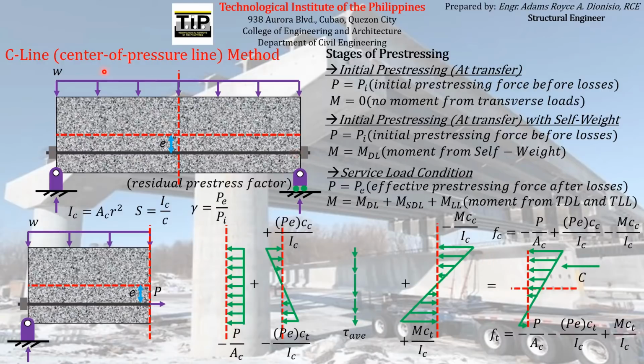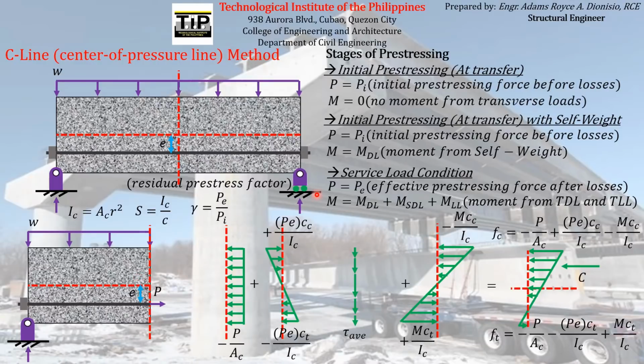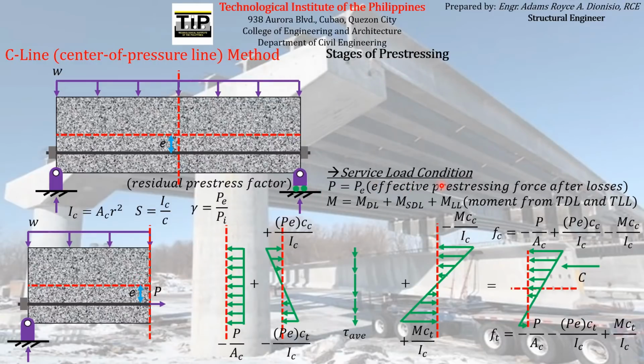So for the case of Sealant method, this method is usually used on investigating or analyzing the stresses acting on the concrete element only at service load condition, where the pre-stressing force is the effective pre-stressing force already, and the moment acting on the concrete element is the total moment coming from the moment due to the dead load or the self-weight itself, due to the superimposed dead load, and the live load.